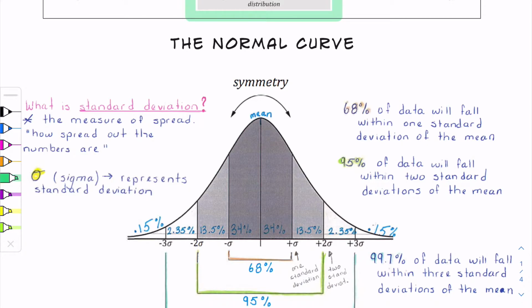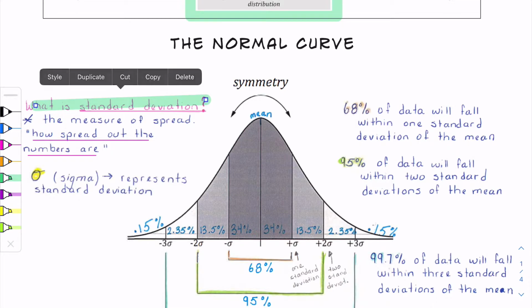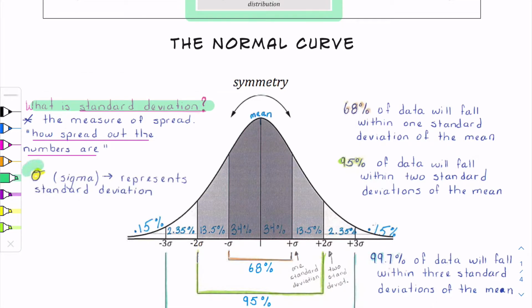But first I want to talk about what standard deviation is. So standard deviation is the measure of spread, or how spread out the numbers are. Once we go through the examples, you'll understand what this is talking about a little bit more. And to represent standard deviation, we use this symbol.